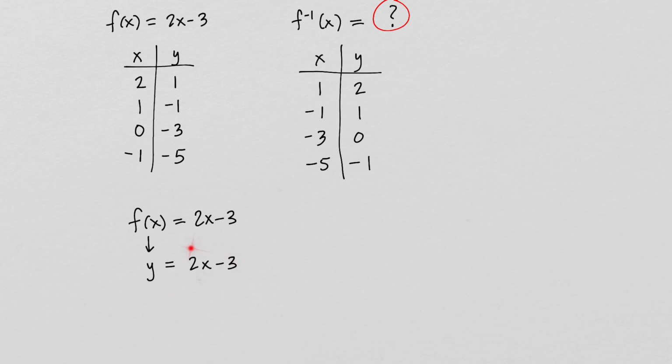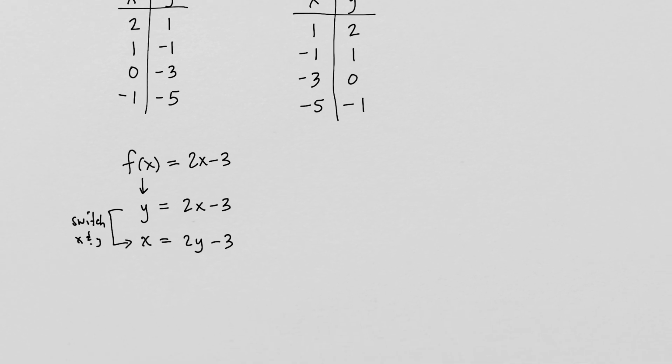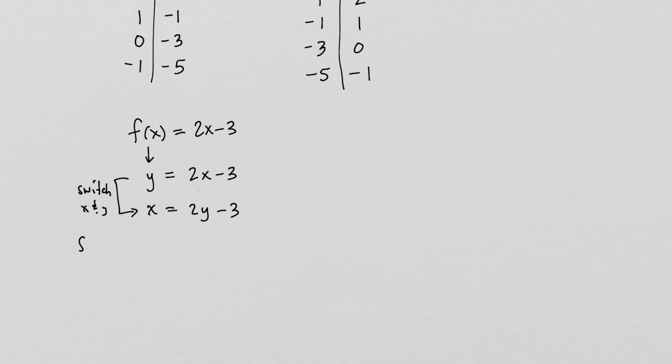So if I want the inverse of this function, what I need to do is switch x and y. So y becomes x, and x becomes y. This is the main step here. We're just switching x and y. And now I'm just going to solve for y again.